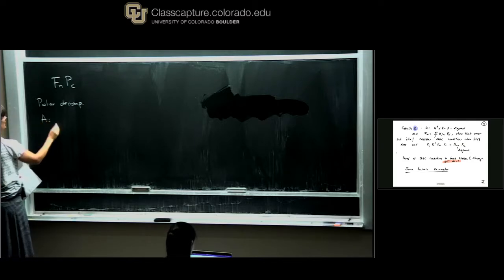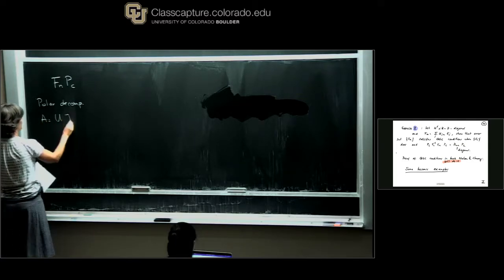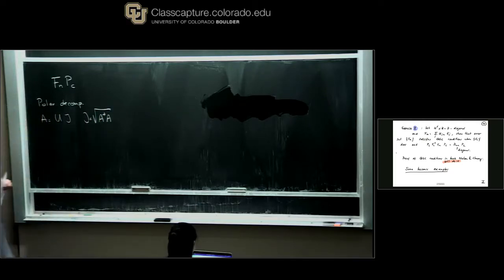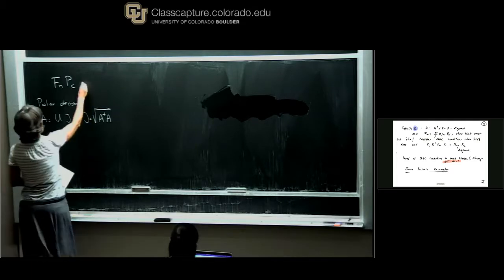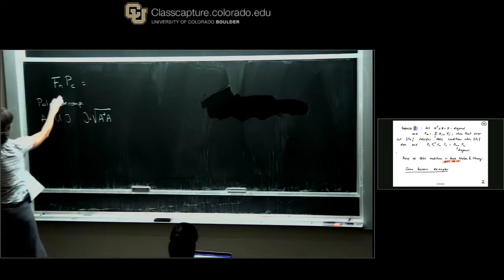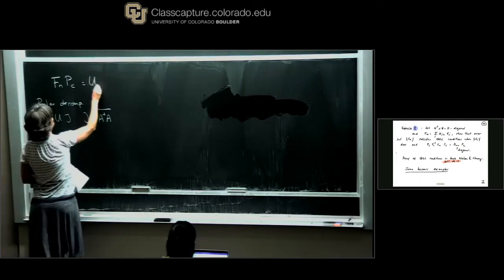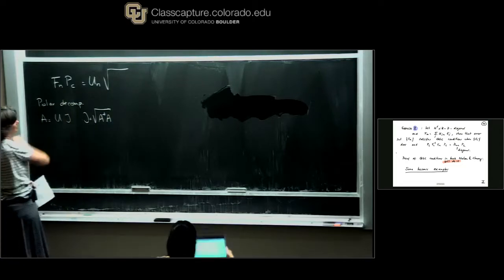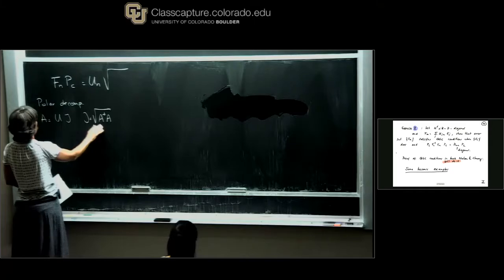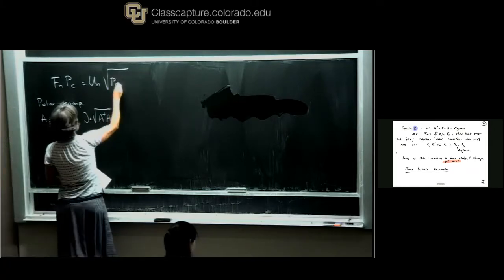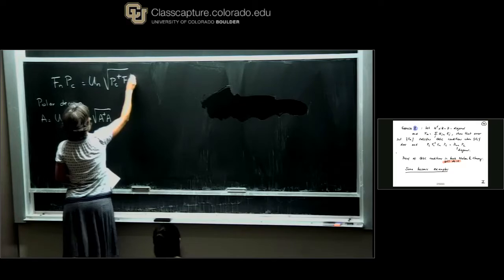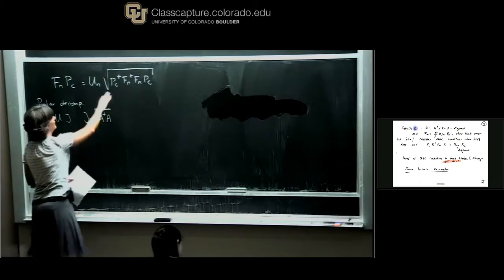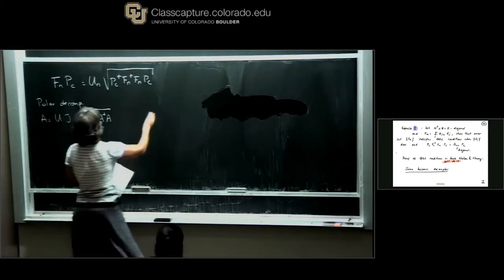I write the matrix A as a unitary times a matrix J, and J is just the square root of A dagger A. I can apply this to this matrix. This matrix depends on n, so this unitary depends on n. Then I just have to take the dagger of this, and then the dagger of this times itself. So I have P_C dagger, F_n dagger, F_n P_C. Now, P_C is a projector, so the dagger is itself.